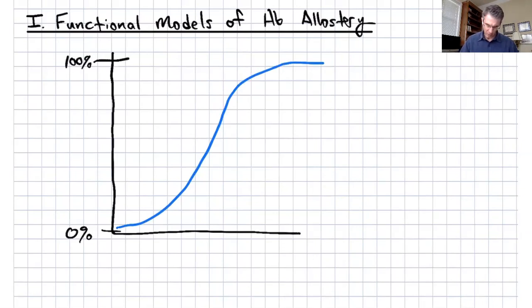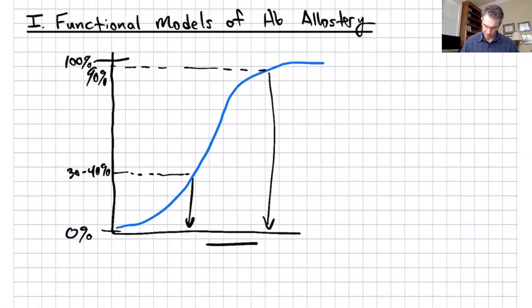Specifically, we need to go from somewhere around, say, 30 to 40%, to something like 90% across a partial pressure range of something like about threefold, right?